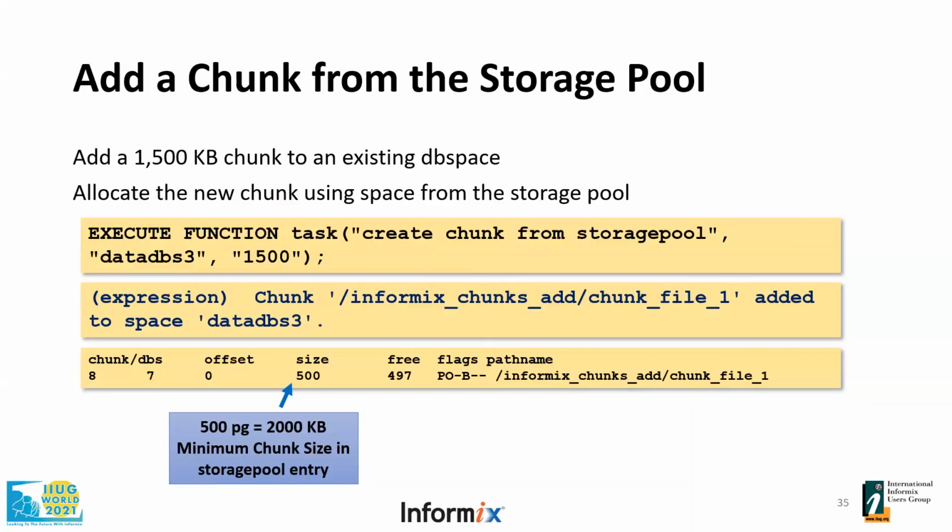As soon as we run this, Informix will go to the storage pool. We haven't told it what entry to use from the storage pool. That will all happen automatically. But Informix will go, oh, I got a resource here, I got this file, it's big enough. And it will allocate a new chunk from that file.